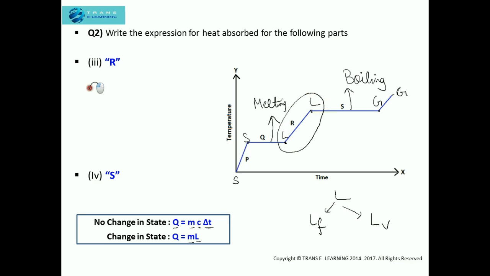And whenever there is no change in the state, the heat absorbed is given as mc delta T. Now S. You can see here that S phase represents the process of boiling where the liquid is changing into a gaseous phase. So whenever there is a change in the state, the heat absorbed is given by M into L. Here it will be latent heat of vaporization because the liquid is changing into a gaseous phase.